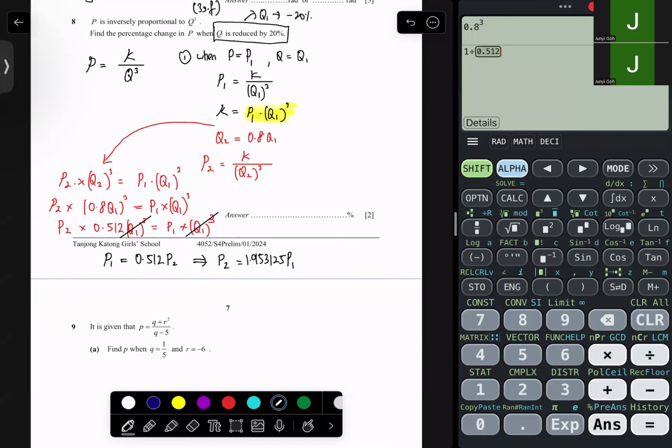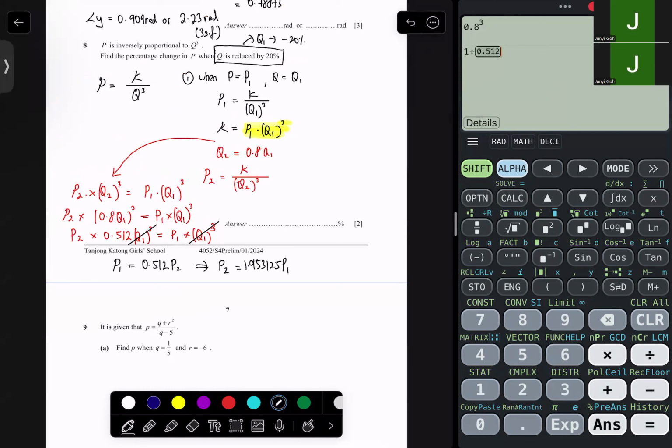So what is the percentage change? Last part. Percent change is change over original times 100%.